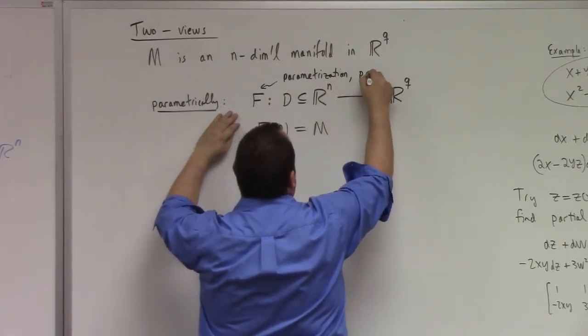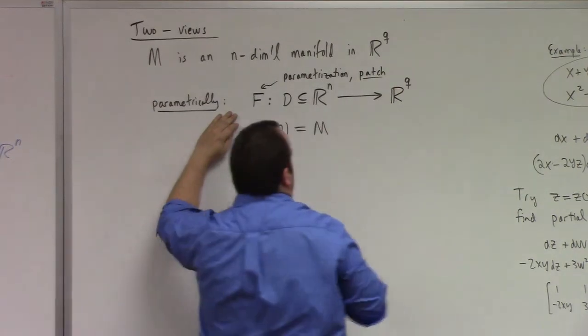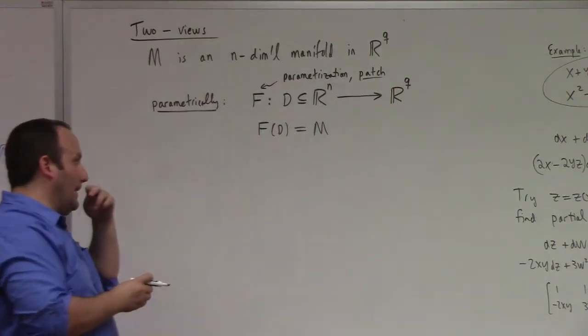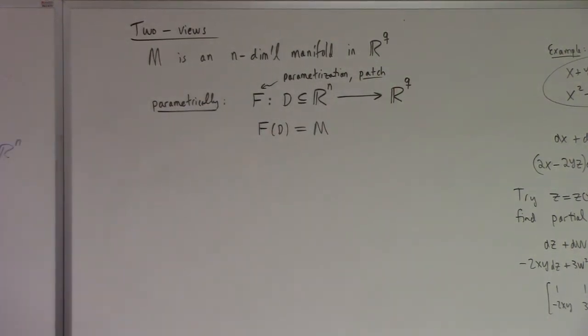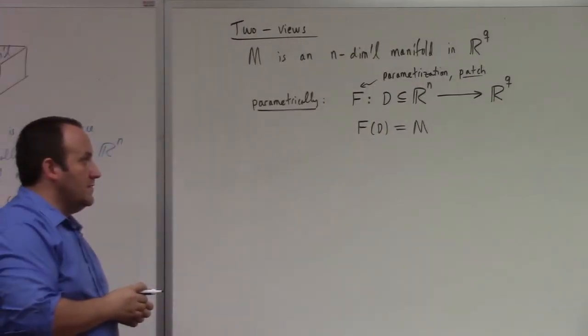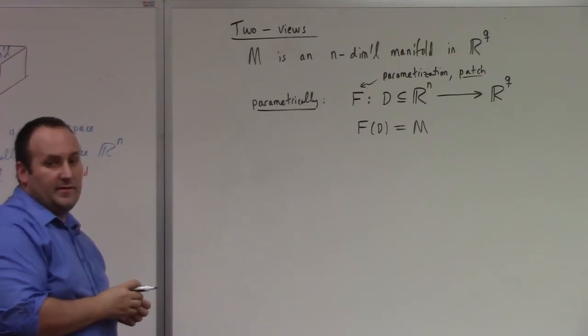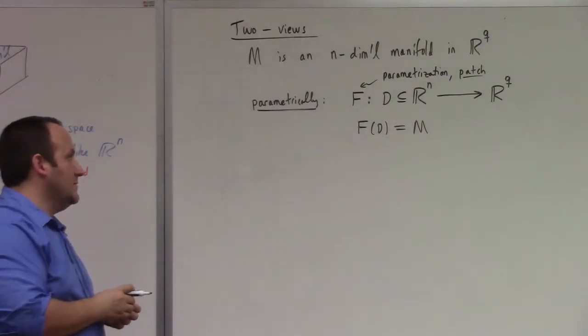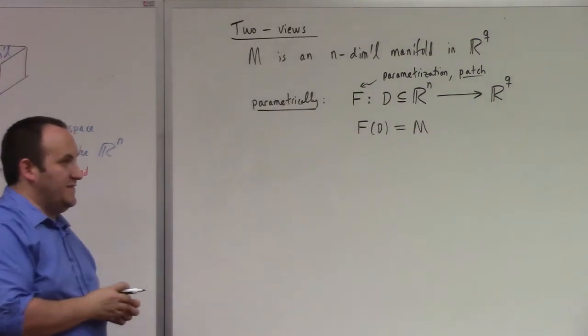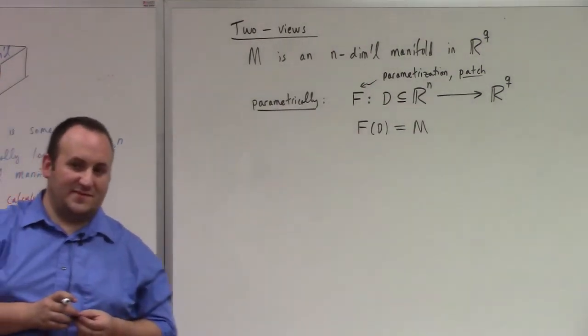I really like to say it's a patch. That's nice. So it's a patch. And yeah. Any constraint on Q? Well, like n less than Q? I'm getting there. At the moment, this would allow for degenerate things, like F could be the zero map.